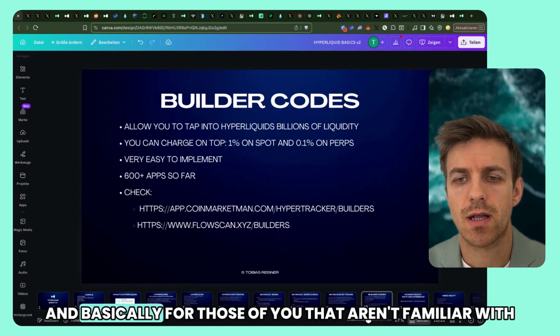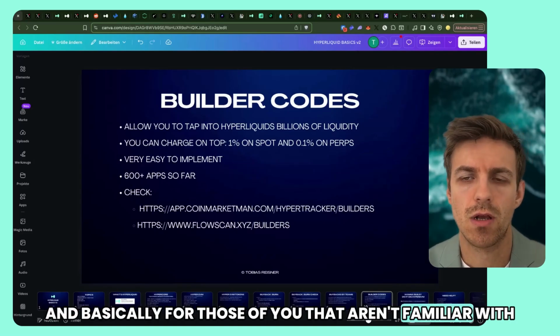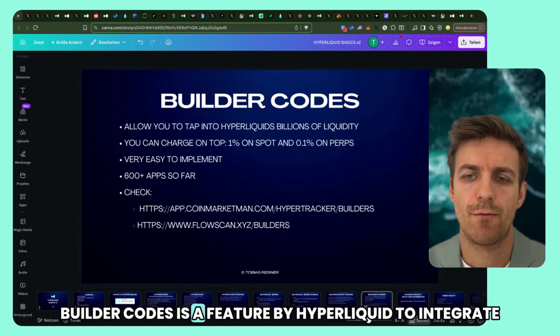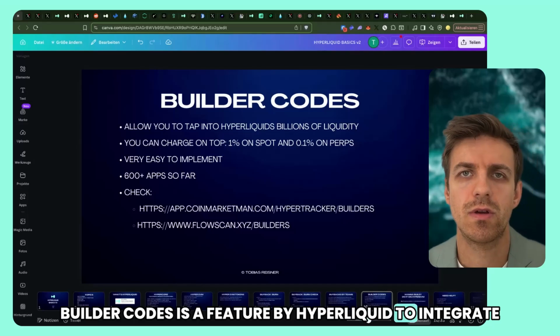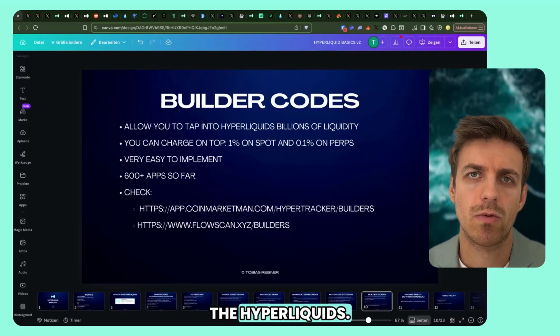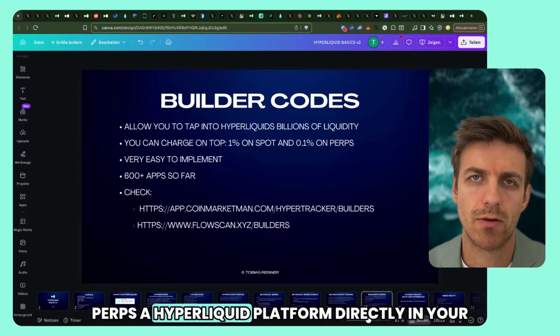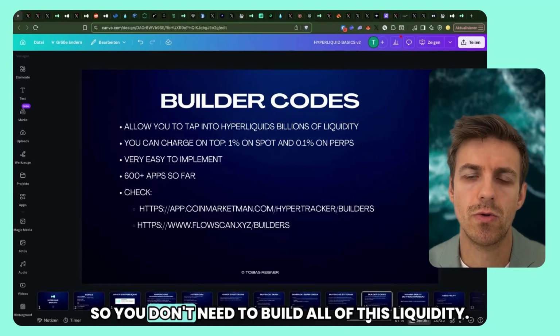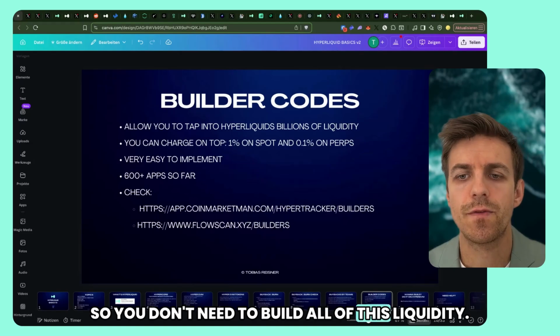And for those of you that aren't familiar with the concept, what are builder codes? Builder codes are a feature by Hyperliquid to integrate the Hyperliquid perks directly in your application. So you don't need to build all of this liquidity.